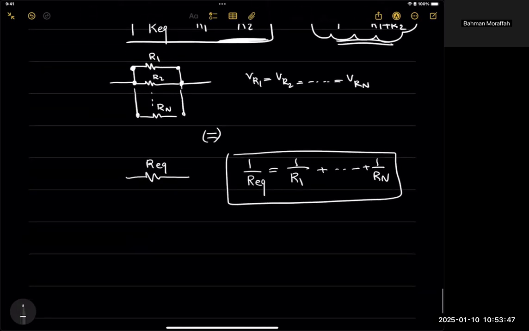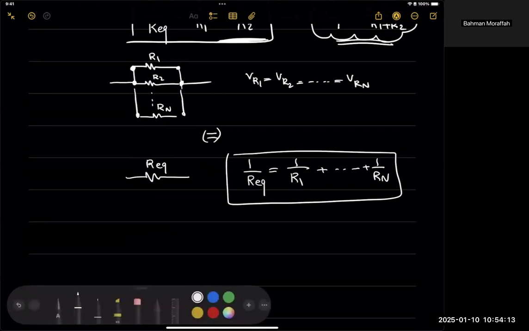Another thing I wanted to point out is that if I have a bunch of resistors in series, what we're adding up is the value of the resistors. However, if we have a bunch of resistors in parallel, what we're adding up is the inverse value of the resistors.